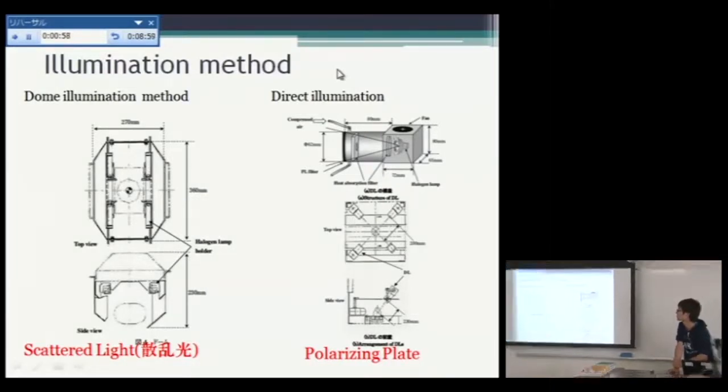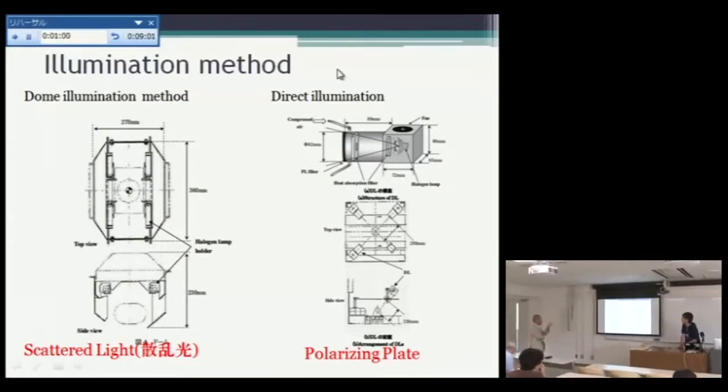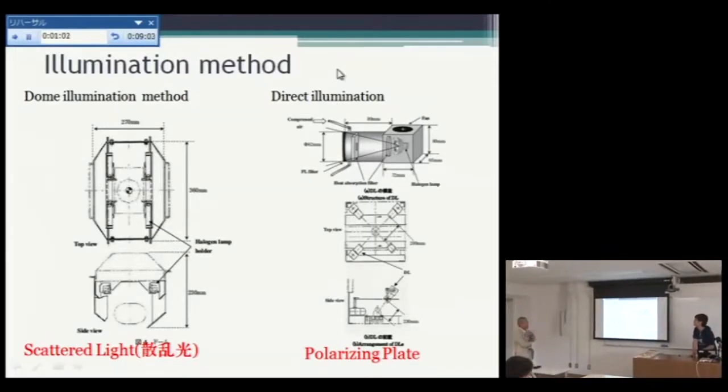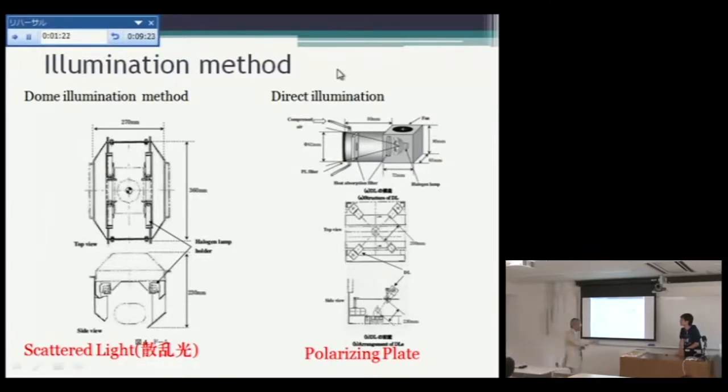You learned about this trick in my previous class. First, yes. And a little different, maybe a little wrong, because scattered light is very important to determine the color. Yeah, this is very important.